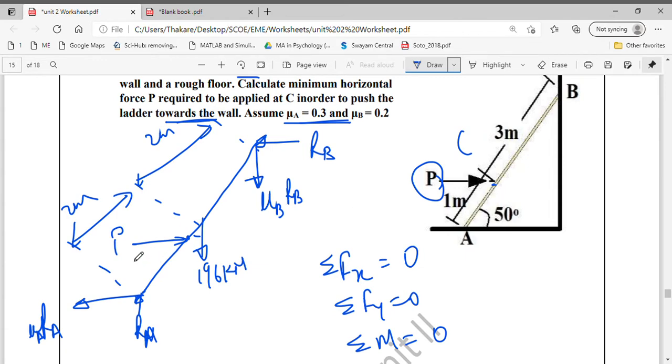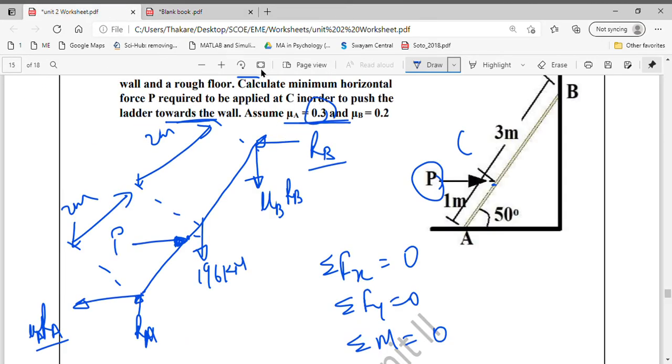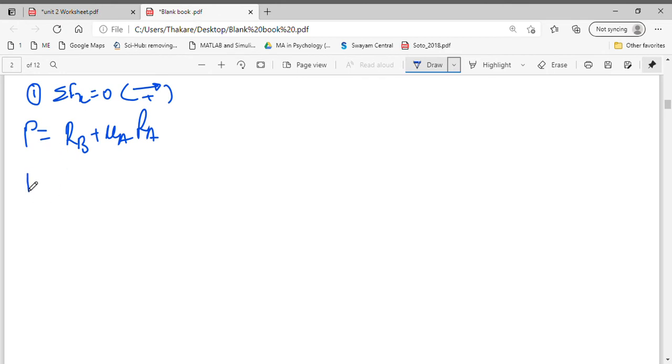There is only one force which is acting towards right, which is P. Then there are another two horizontal forces, which are mu A Ra and Rb. Both of them are acting towards left, so we can write it as P equals to Rb plus mu A into Ra. We know the value of mu A is 0.3, so you get P equals to Rb plus 0.3 times of Ra. Okay, this is your equation number 1.